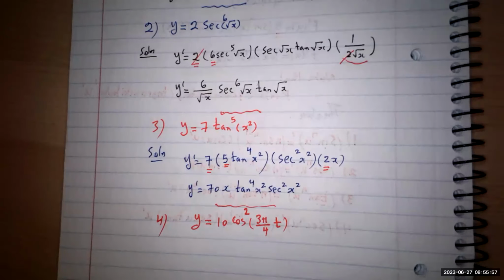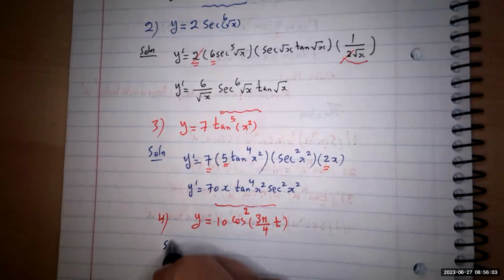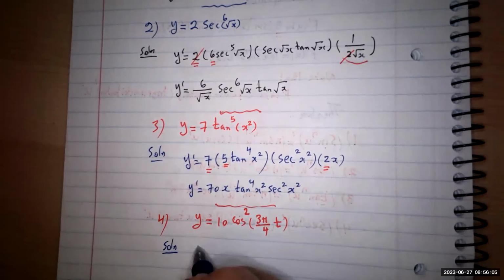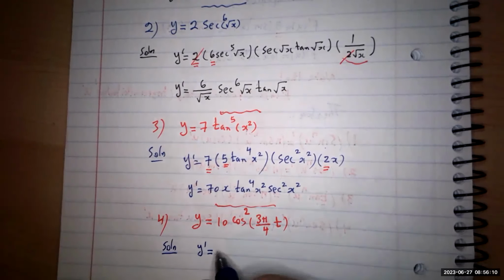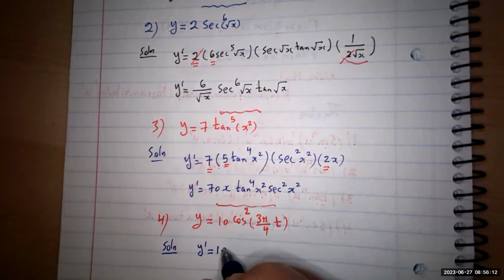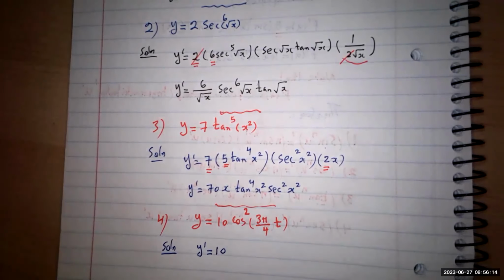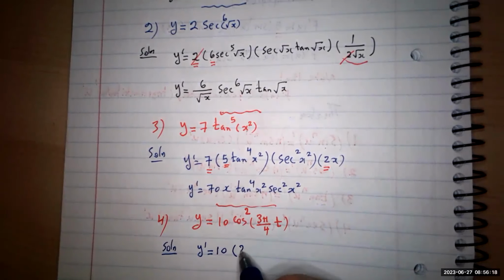Again, it's a composition of three functions. Okay, so solution: y prime. 10 is the number, the coefficient, you keep it. That's 10. Now first the power function, you bring the 2 down. It's going to be 2 cosine.